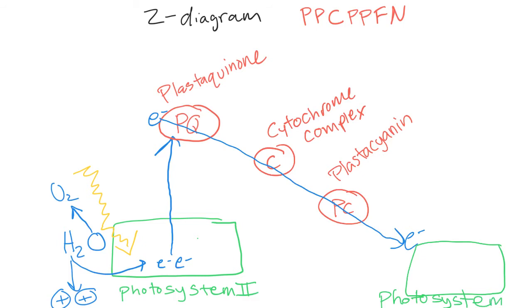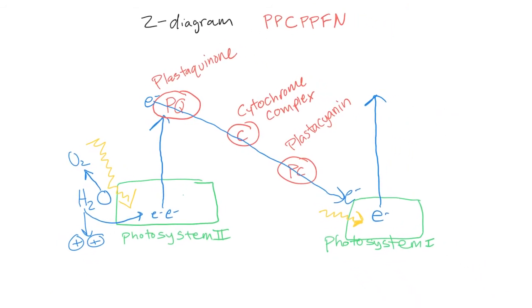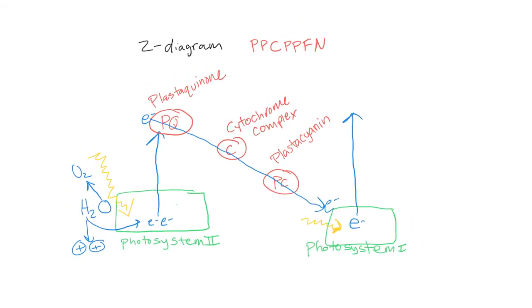So luckily we have another photosystem further downstream which can take a photon and excite that electron to a higher energy level again. All right, so we're at PPC, PP.